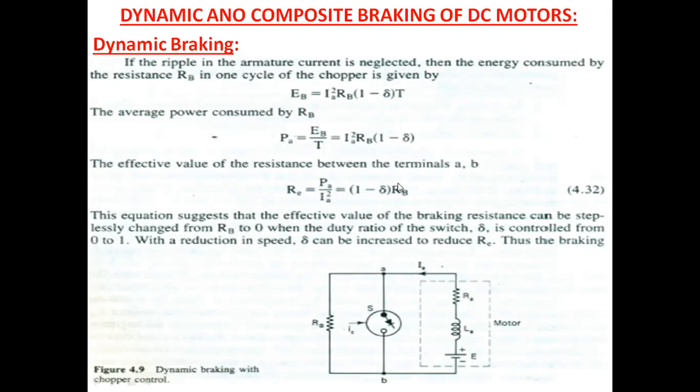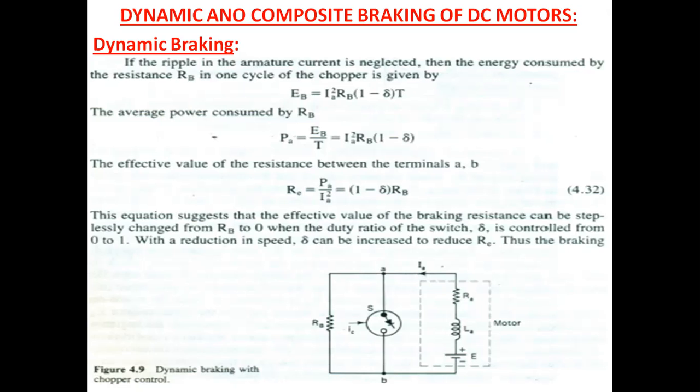From the above equation, I can say that the braking resistance is steplessly changed from RB to 0. So without steps, I can change the resistance from RB to 0, with the duty ratio delta controlled from 0 to 1.